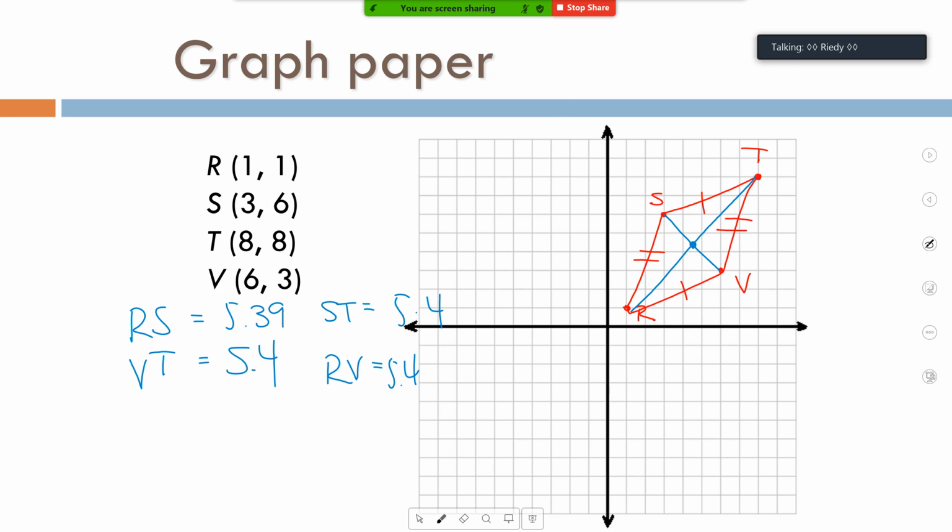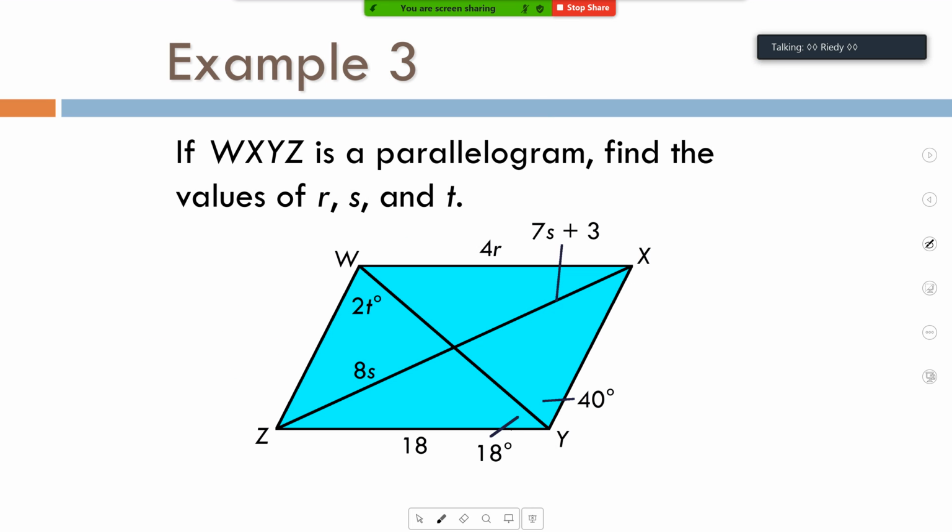Okay, so then, we're running short on time, but I'm going to take you through it very quickly. I know that the opposite sides are parallel. So if I include that in the picture, I know that that's parallel to this, and this is parallel to this.